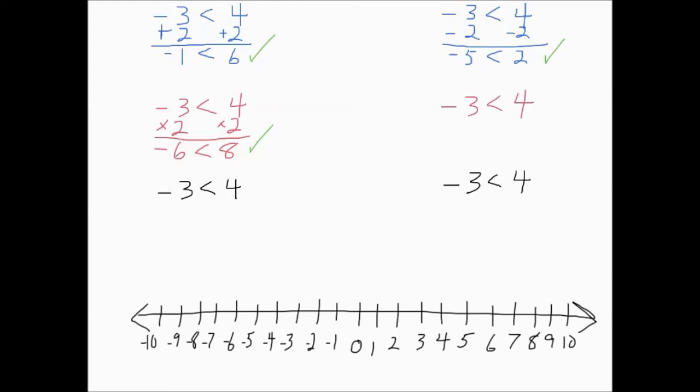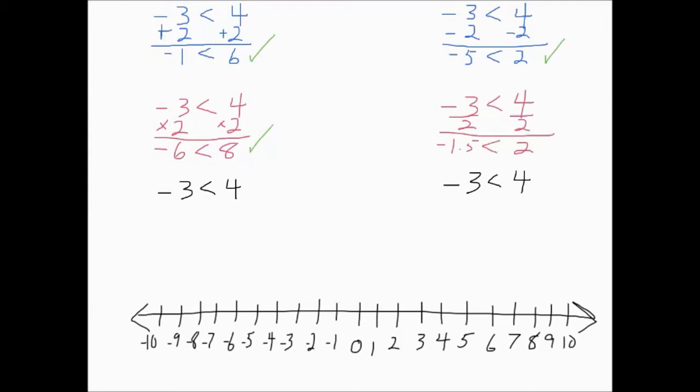What about division? What if I wanted to divide? So what if I divided negative 3 by 2 and I divided 4 by 2? What would happen? Well, 4 divided by 2 is 2. Negative 3 divided by 2 is negative 1.5.